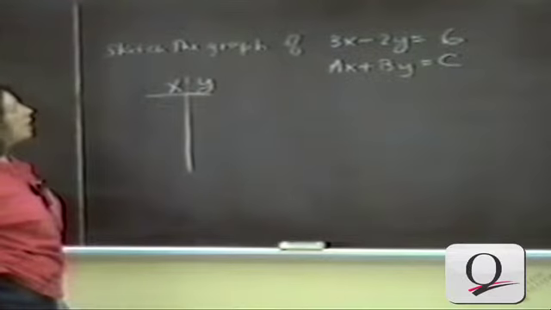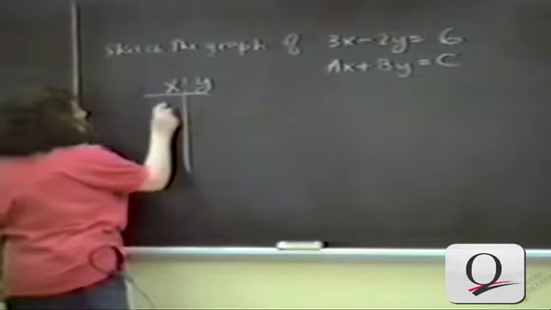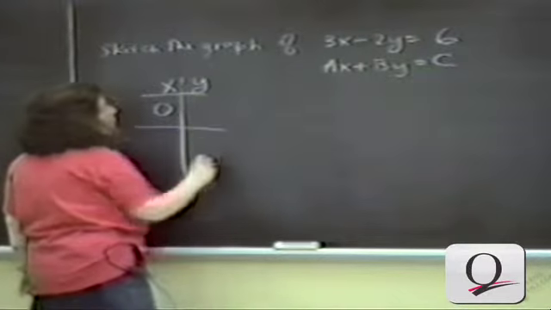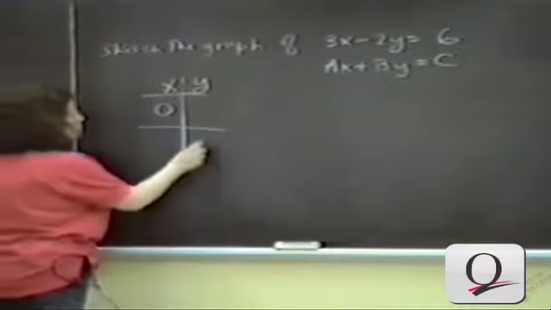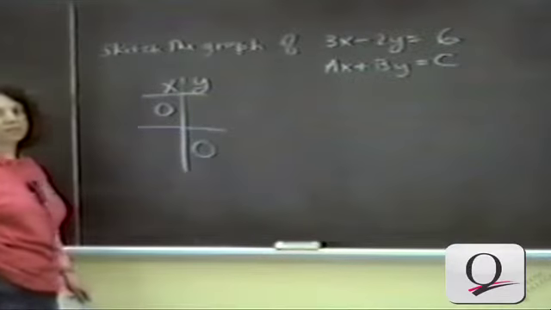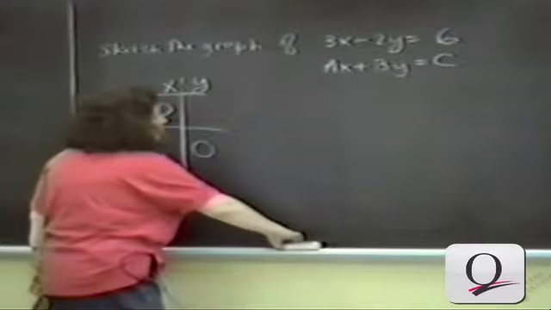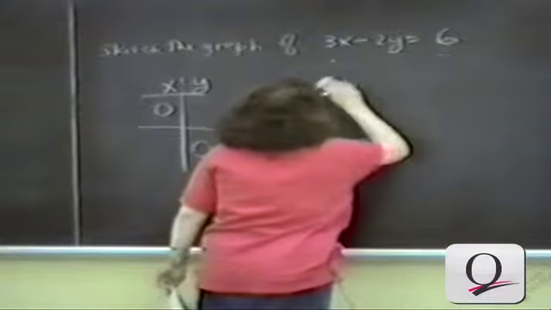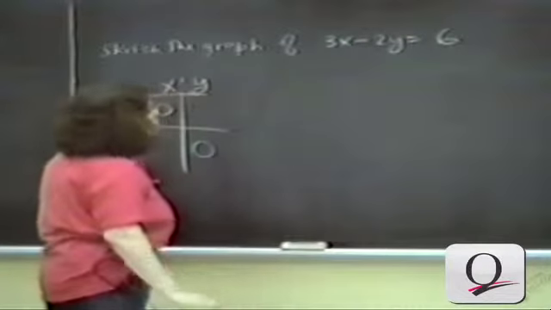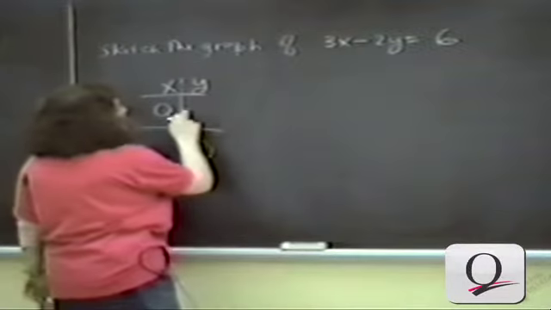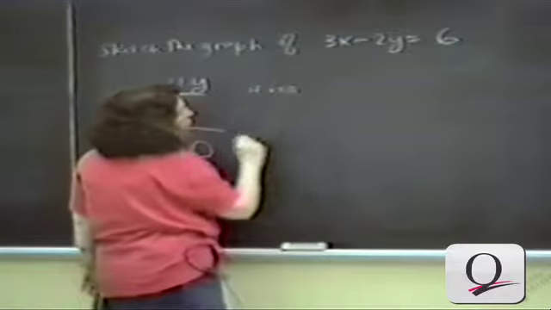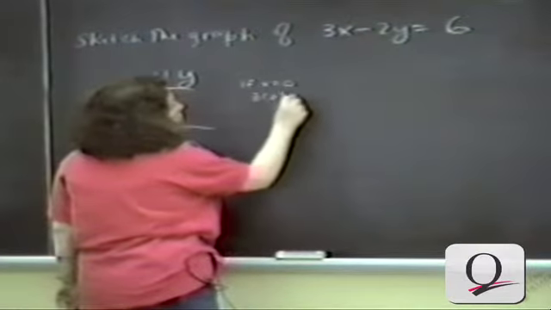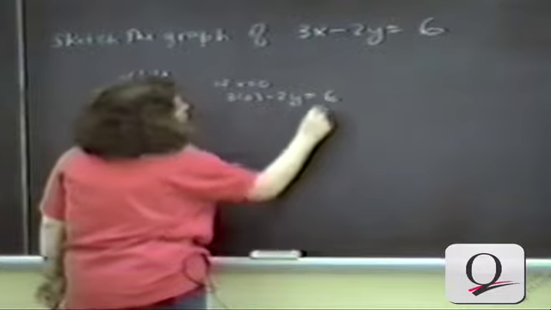To get the y-intercept, we're going to set x equal to 0 and solve for y. And to get the x-intercept, we'll set y equal to 0 and solve for x. Okay, so looking at the equation that was given to us, 3x minus 2y equals 6, we will let x equal 0 and try to solve for y. 3 times 0 minus 2 times y equals 6.